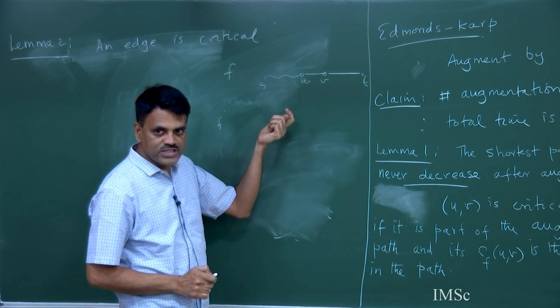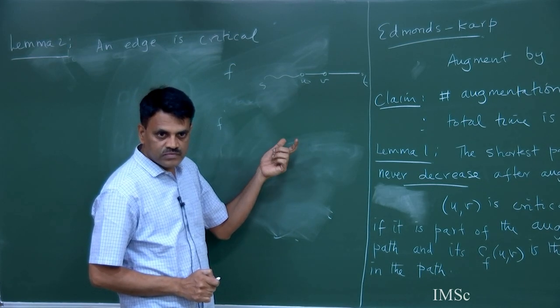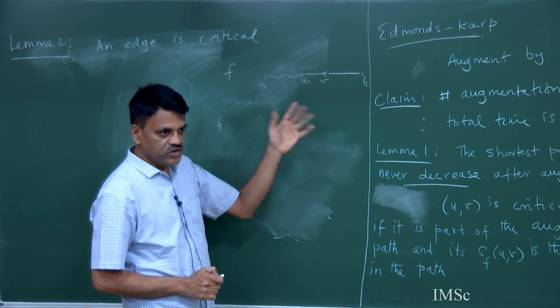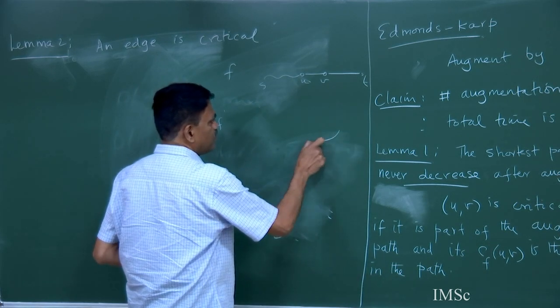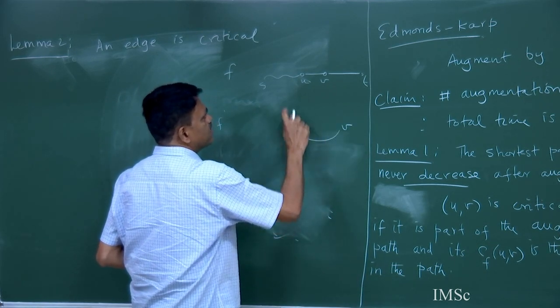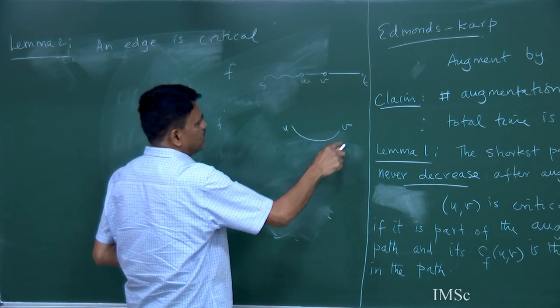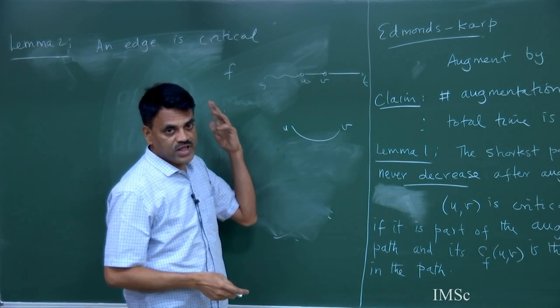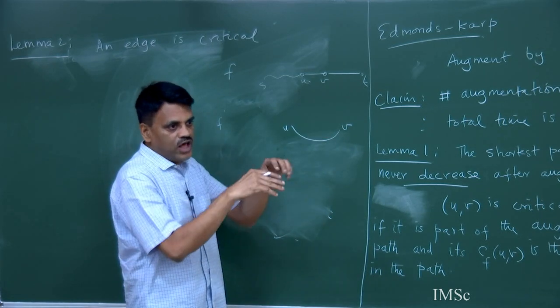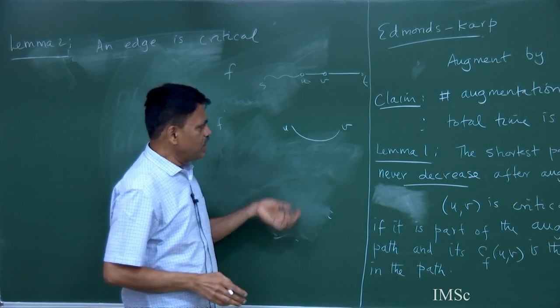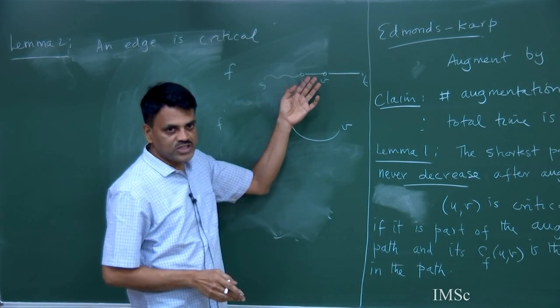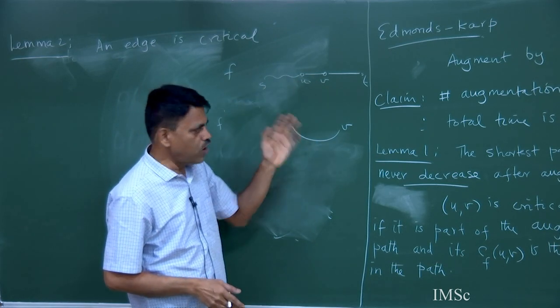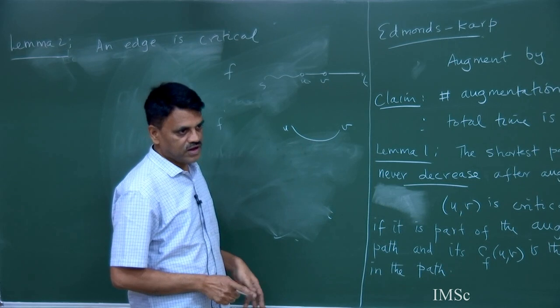It will be in the opposite direction. UV is gone, but it will be in the opposite direction, right? Because you are sending some flow through this edge, and this is saturated because it's critical. So the UV edge won't be there. Okay. In GF, you could have edges in both directions in general, but in this case, since UV is critical, it's saturated, it will be out. It won't be in this graph.